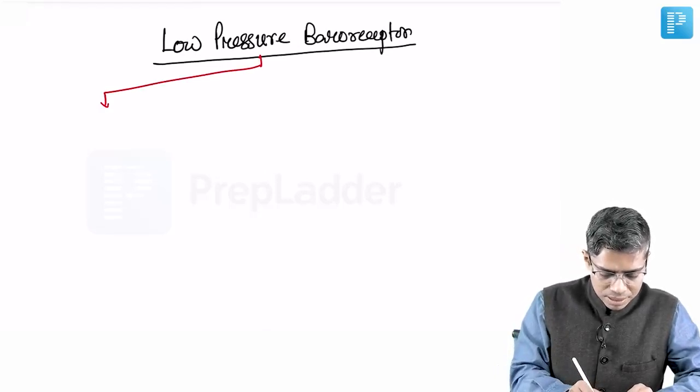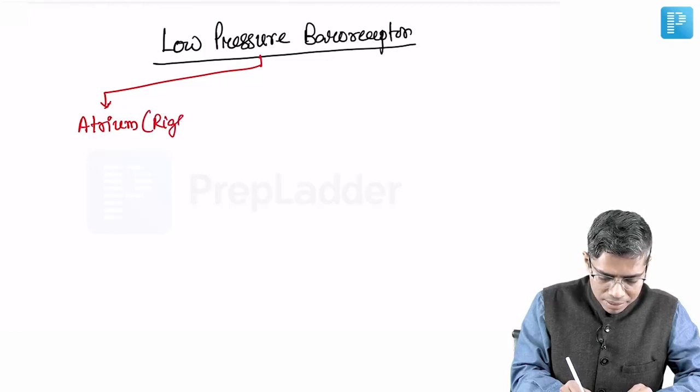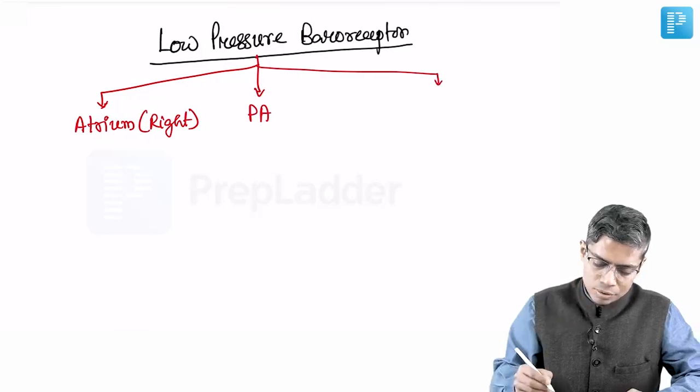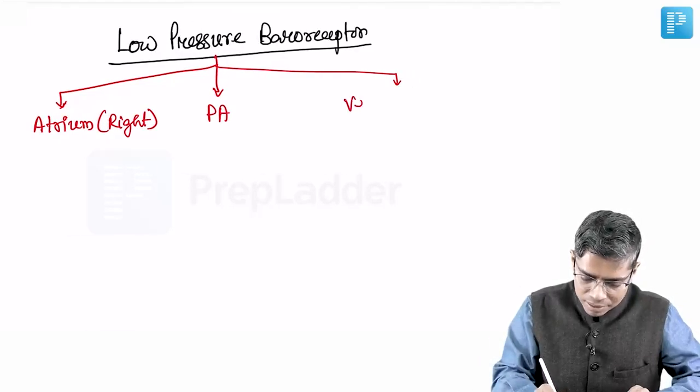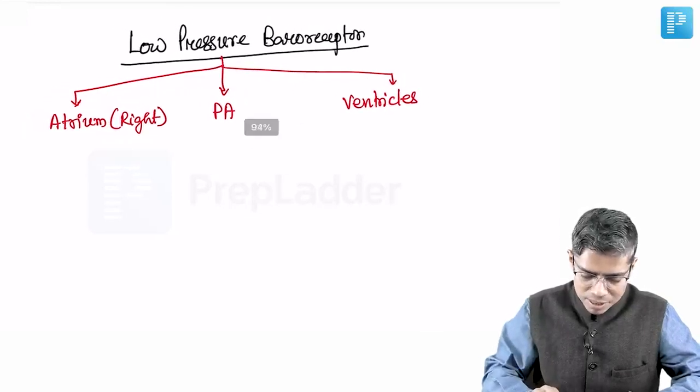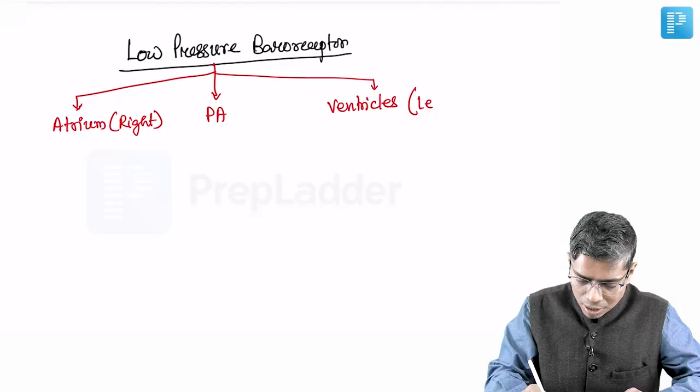One is atrium, mainly the right atrium. Okay, it is also located at the level of pulmonary artery, and it is also located at the level of ventricles. Ventricle means mainly at the level of left ventricle greater than septum, right?